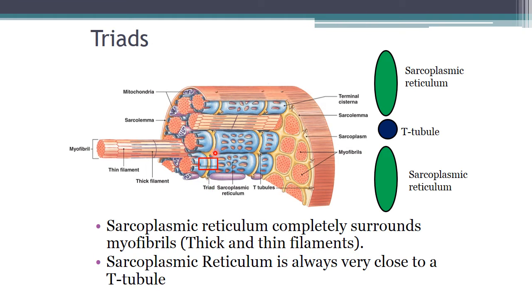Those specific regions that you see highlighted here are called triads because it has one region of SR, the T-tubule in the middle, and then another region of SR. Now, like you see in the image here, these regions are actually really close together, so close in fact that there are proteins in the membrane of the T-tubule that can literally reach out and attach to proteins in the membrane of the SR.